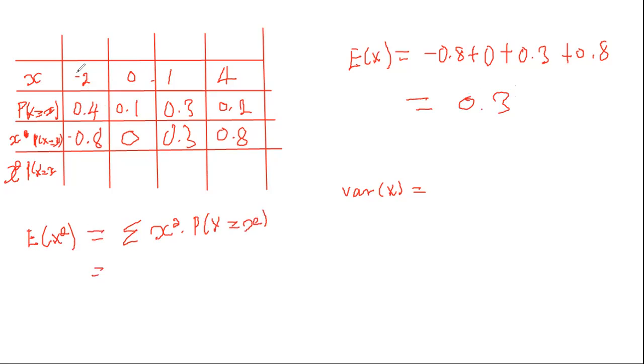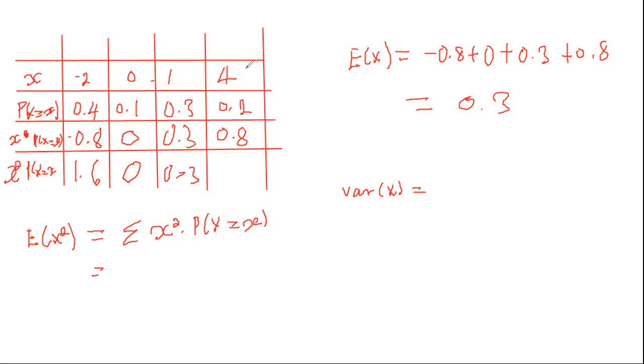We say -2 squared, which is 4, then times 0.4, that is 1.6. This one remains 0. This one remains 0.3.